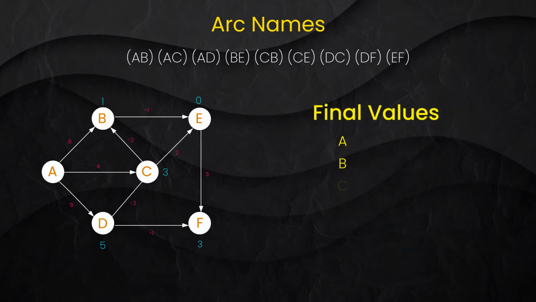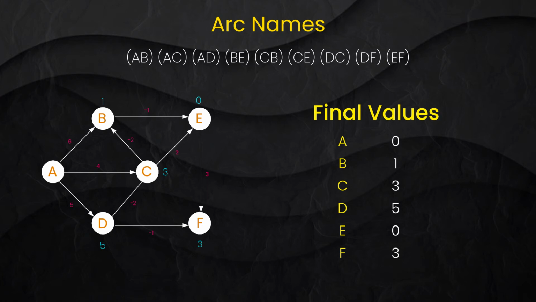So if you list down the values, the value of A will be 0, then B will be 1, then C will be 3, D will be 5, E will be 0, and F will be 3.